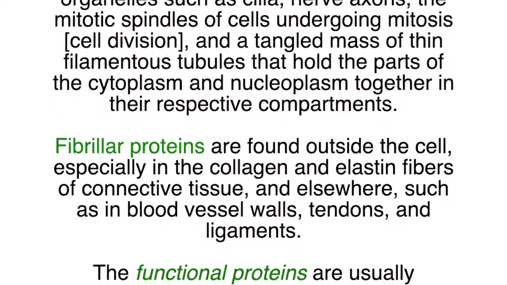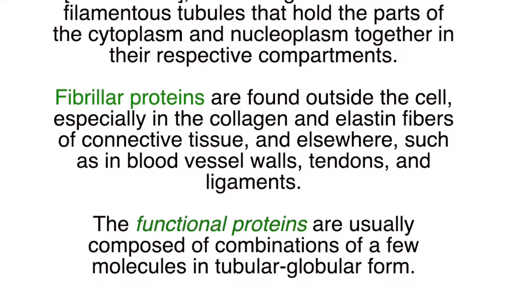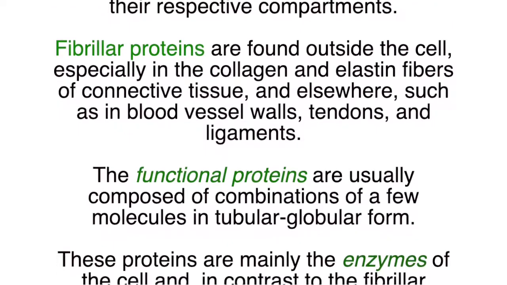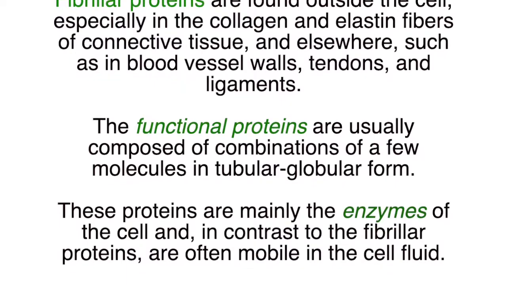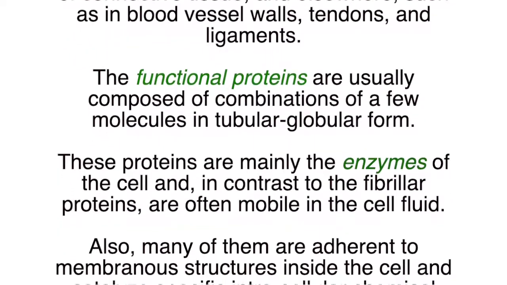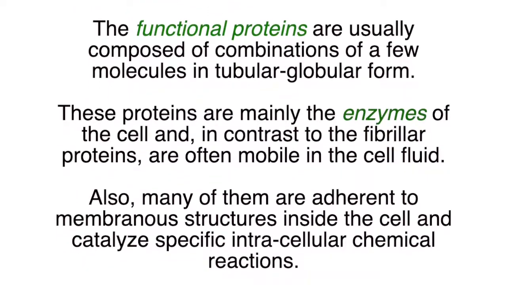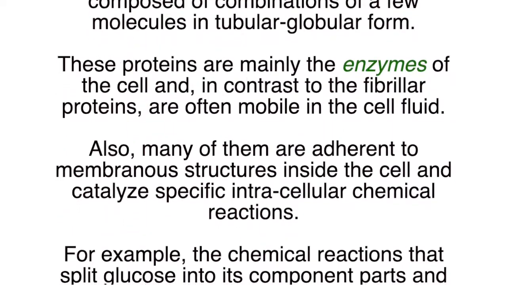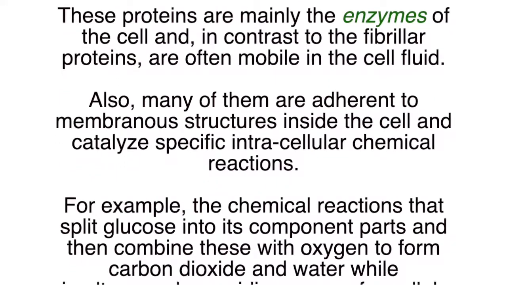Fibrillar proteins are found outside the cell, especially in the collagen and elastin fibers of connective tissue and elsewhere, such as in blood vessel walls, tendons, and ligaments. The functional proteins are usually composed of combinations of a few molecules in tubular globular form. These proteins are mainly the enzymes of the cell, and in contrast to the fibrillar proteins, are often mobile in the cell fluid.